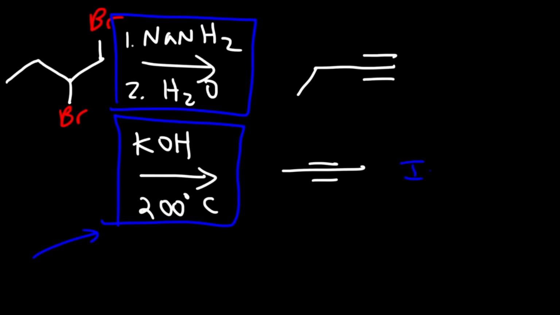formation of internal alkynes. In fact, if you take, let's say, a terminal alkyne, and if you react it with potassium hydroxide at high temperatures, this will isomerize into the internal alkyne.